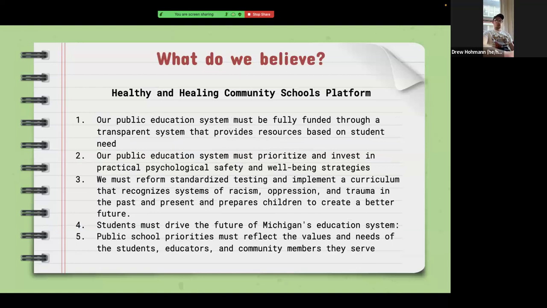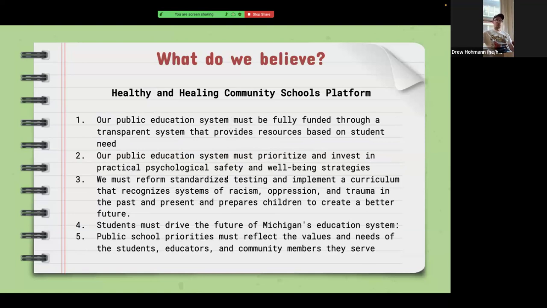And this is basically a couple of the things that we go by when we're doing this work, right? So we want to talk about how our public education system should be fully funded. It should prioritize and invest in psychological safety and well-being strategies. So really making sure kids feel safe in their schools. Mental health care is implemented in schools.